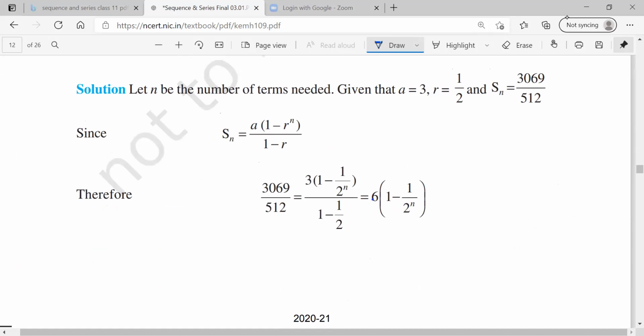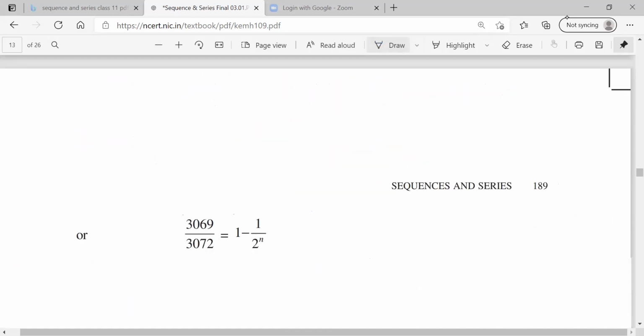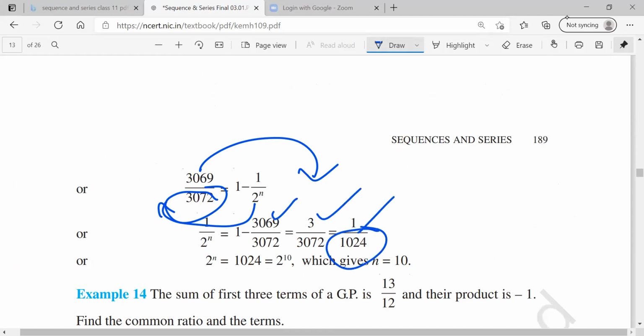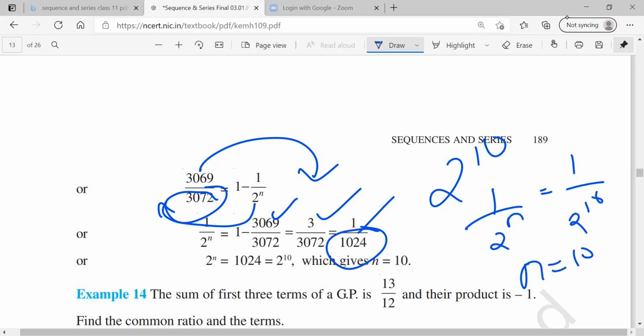I just multiply 6 into 512, and I get 3072. Taking 3069 to that side and this to the other side, 1 by 2 power n is equal to 1 minus 3069 by 3072. Take the LCM and we get 3 by 3072, which is 1 by 1024. And 1024 is 2 power 10. So 1 by 2 power n is equal to 1 by 2 power 10, so the n value is 10. It is that easy to solve.